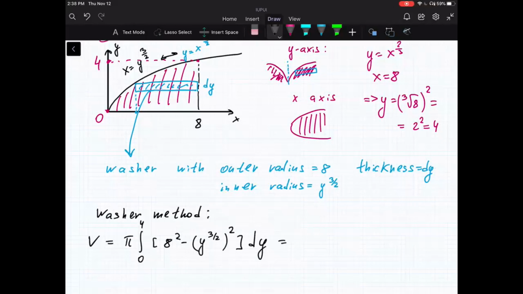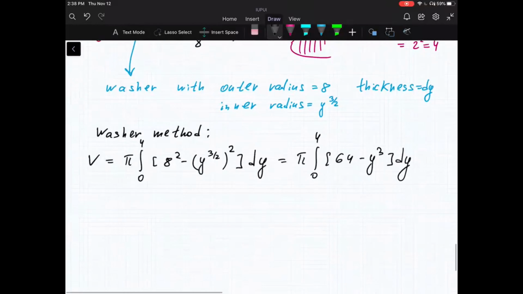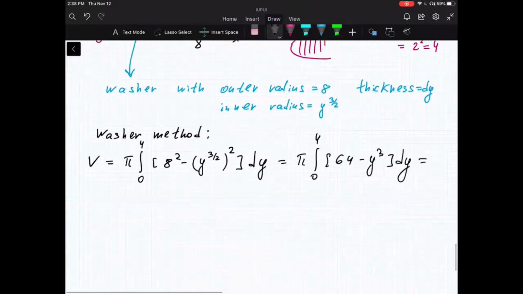And what will I get? I'll get π integral from 0 to 4 of 64 minus y cubed dy. And again, it's easy to integrate, and we'll get that it is the same as π times 64y minus y to the power 4 over 4, substitution from 0 to 4.